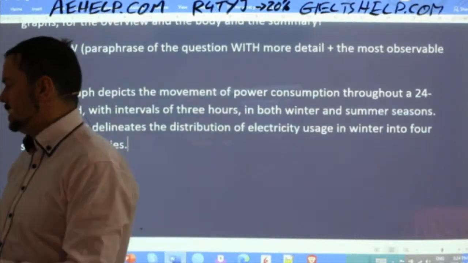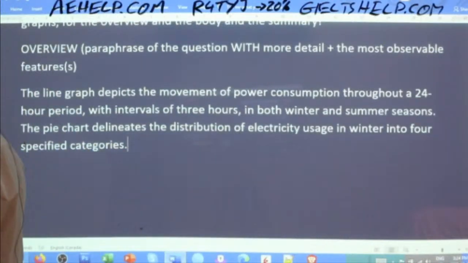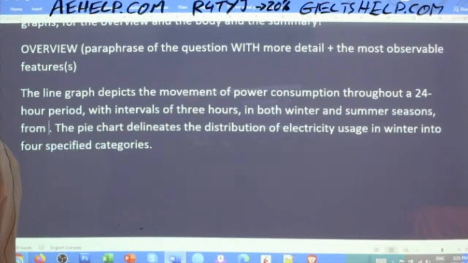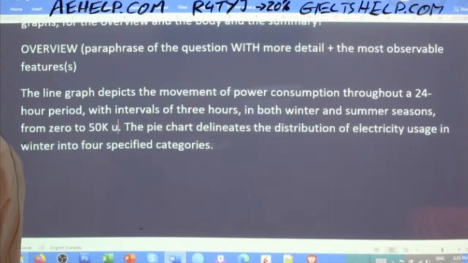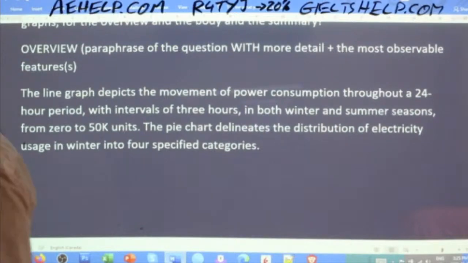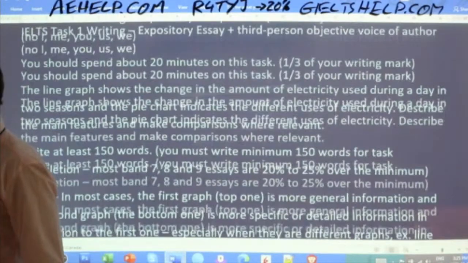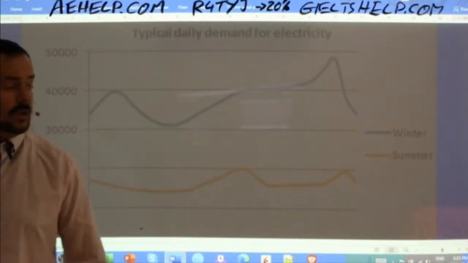Now, if I want to give more information here, I can say from 0 to 50,000 units. Okay. So as I reviewed that, I realized that, hey, wait a second, I didn't mention the y-axis.